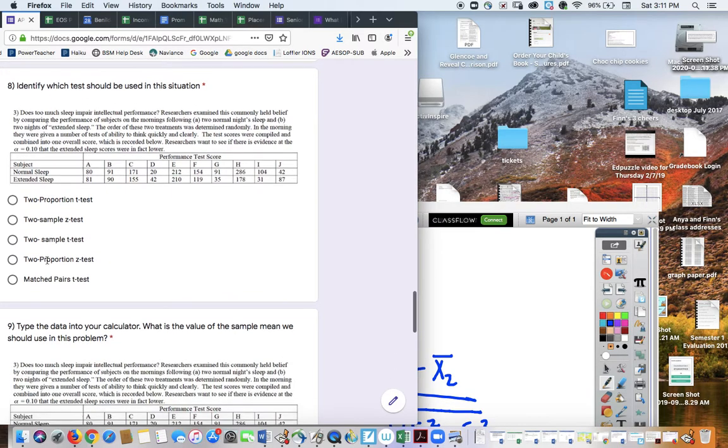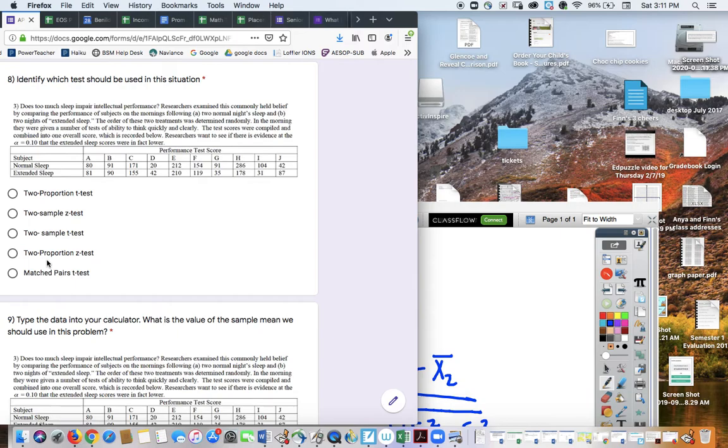Okay, number 8. This is comparing normal sleep to extended sleep.